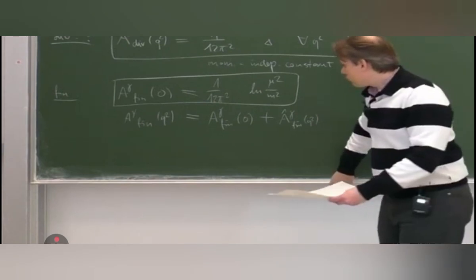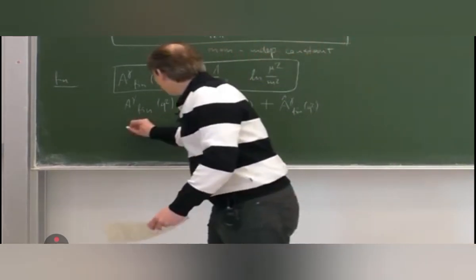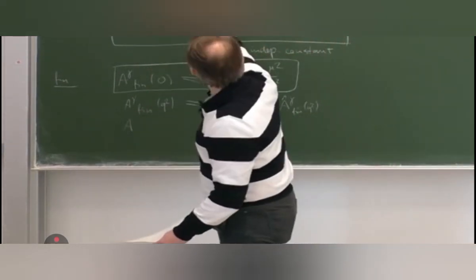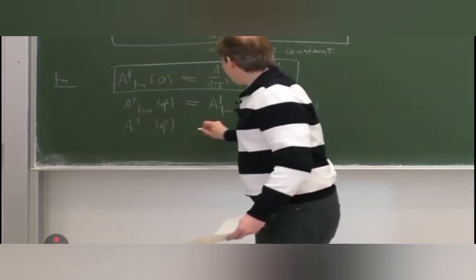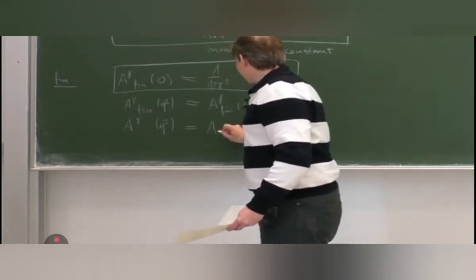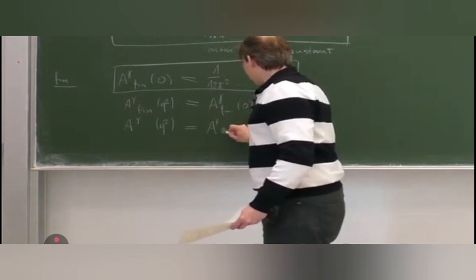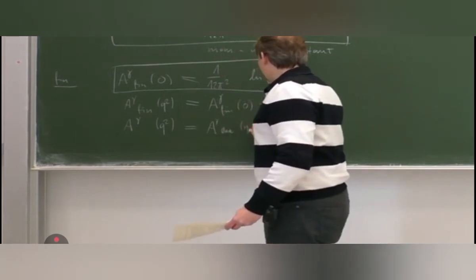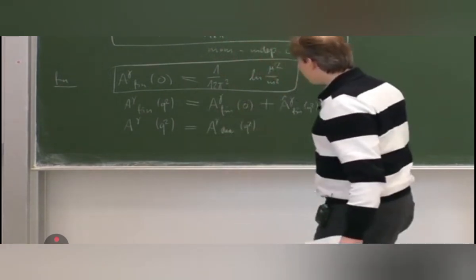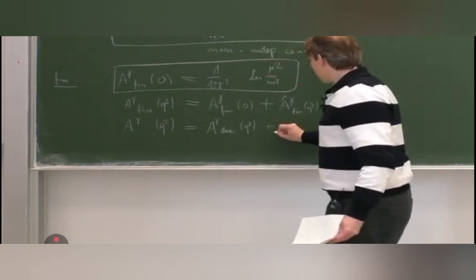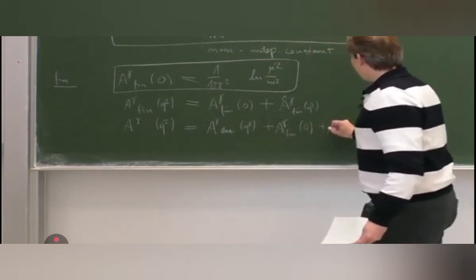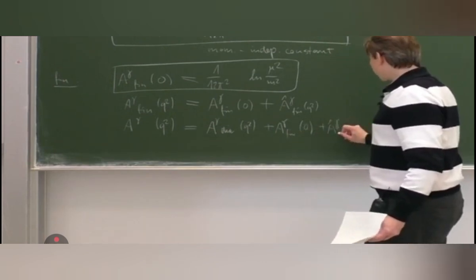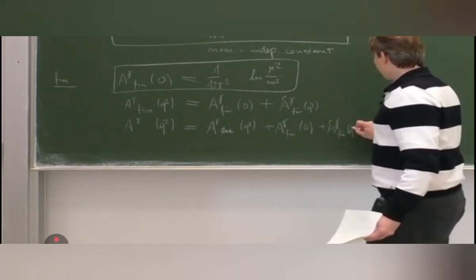And maybe to make it even more explicit, let me write down the full A gamma. The full A gamma of q squared is now the following. It's first of all the divergent part, which is a momentum independent constant as we saw, plus the finite part at 0 plus the A hat finite at q squared.